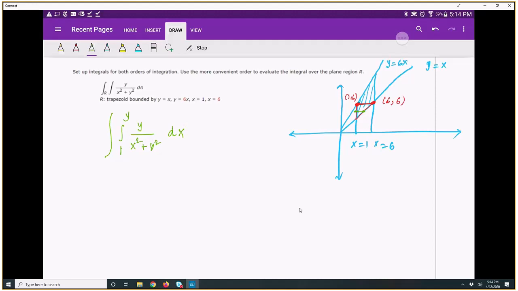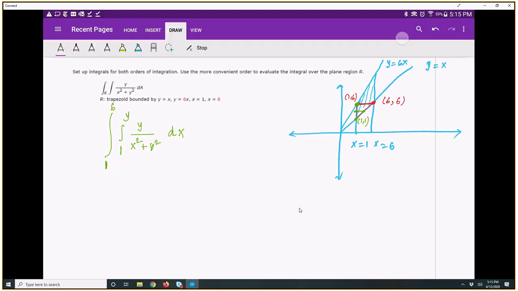And the limits of y in this little region: your y value is going to start at the point where the x equal to 1 line crosses y equal to x. So the point is (1, 1). So the lowest y value is 1, and the highest y value, because I'm stopping here, is 6. And that's only the region under the line that passes through (1, 6) and (6, 6).